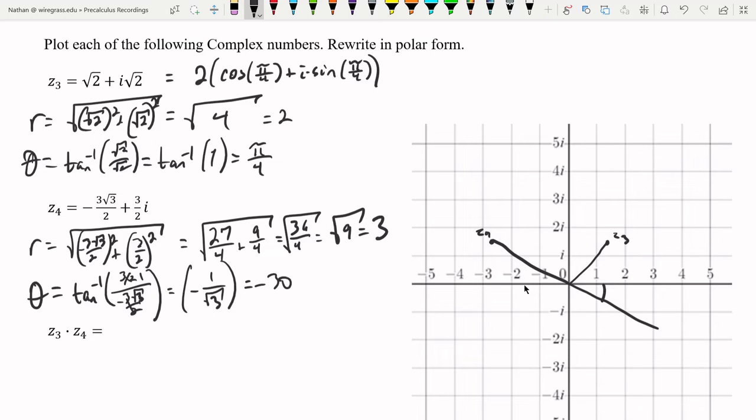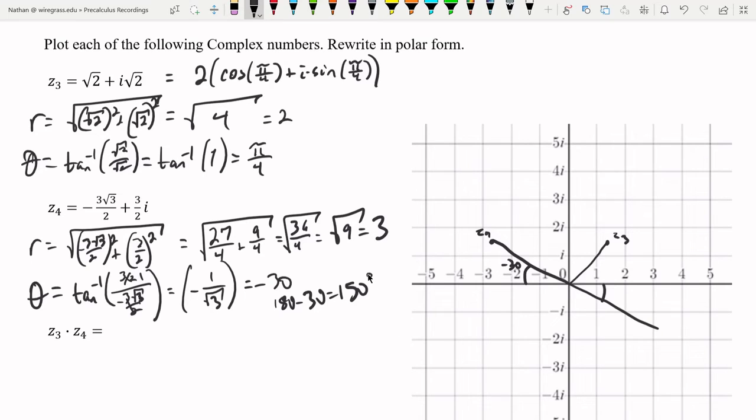That's the same thing as negative 30 degrees from the 180 degree line. So that's actually going to be 180 minus 30, which is 150. Let's do it in radians, however, rather than degrees.